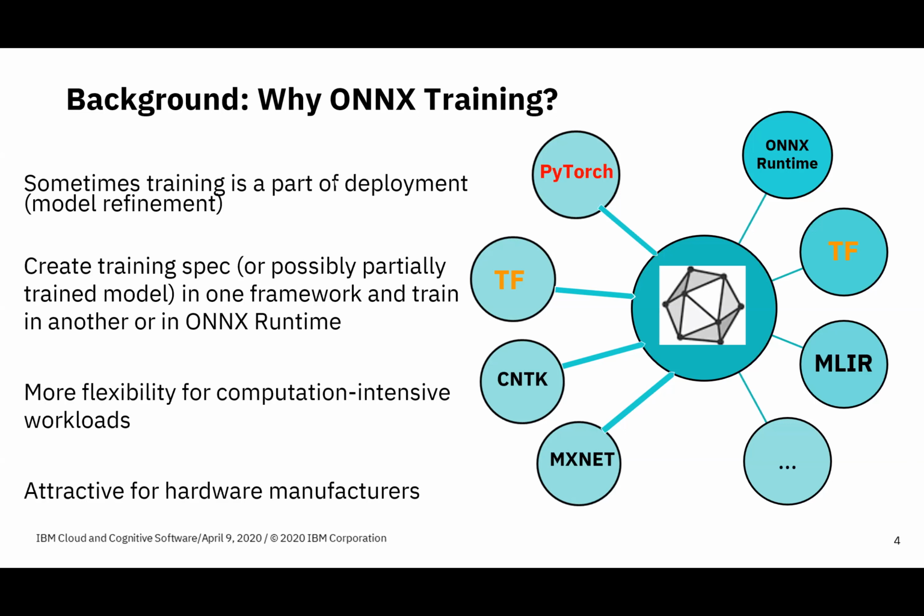We were working on this for a long time, and the idea is that we'll have one framework that allows all the information to be kept in one place. It also provides more flexibility for these computation-intensive workloads.